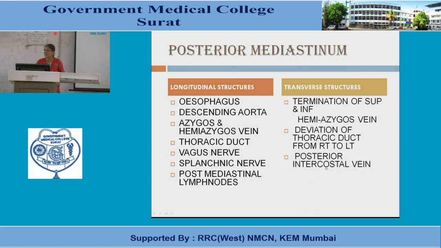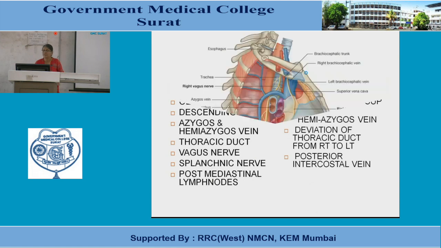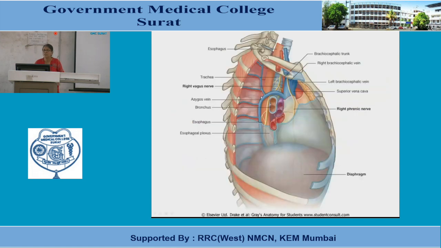The posterior intercostal veins: all the posterior intercostal veins except the left superior intercostal vein, most of them are in the posterior mediastinum, right? See the diagram, we'll see this diagram. You can see these are the posterior intercostal veins which drain into the azygous vein.